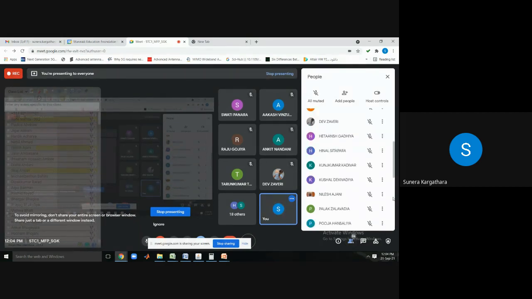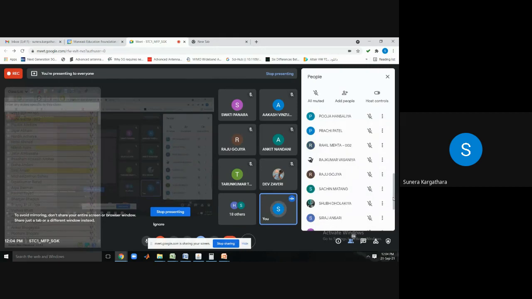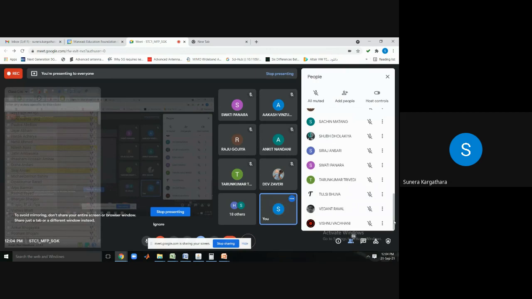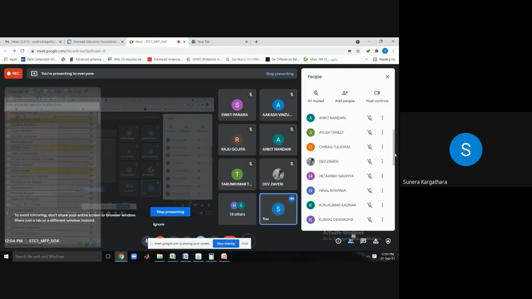Yes. What is a vectored interrupt and a non-vectored interrupt? Make it fast. Nilesh, Ayush, Hitansh. What is a vectored and non-vectored interrupt?